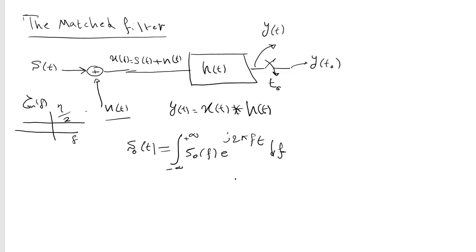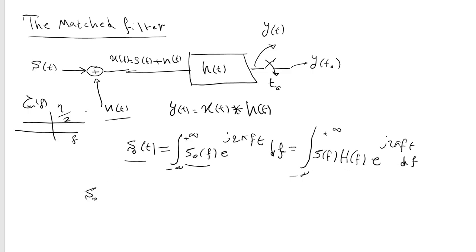I use the inverse Fourier transform to show s0 of t. S0 of f in the frequency domain is the input signal spectrum multiplied by the frequency response of the filter, and we have this. Then we want the signal at time instant t0.